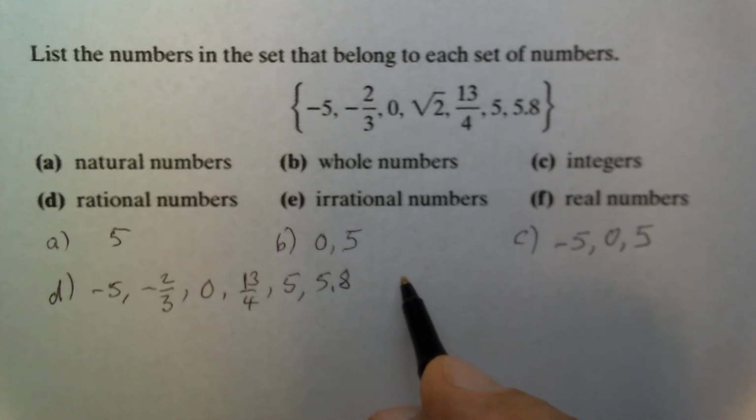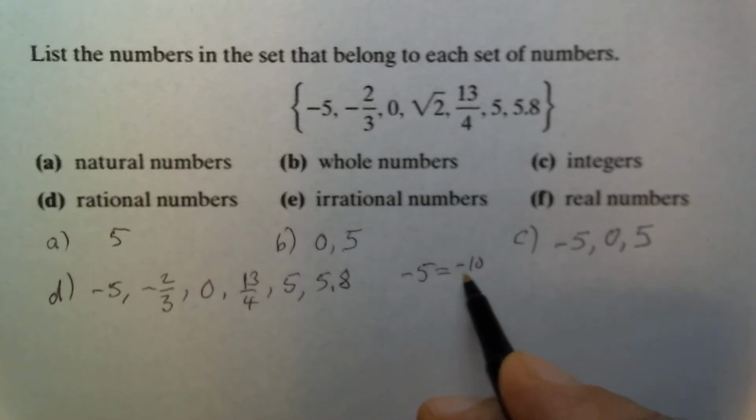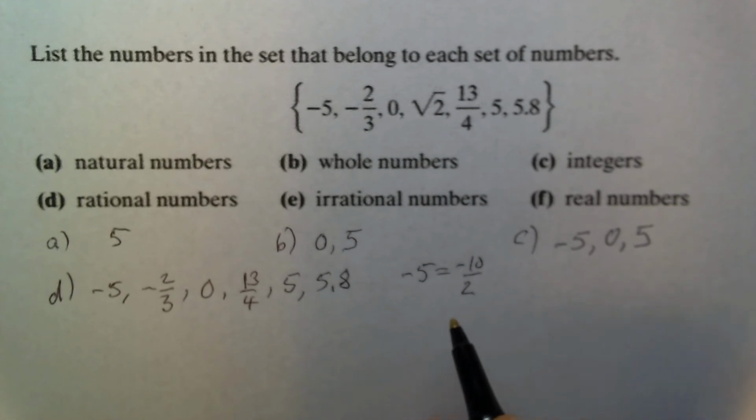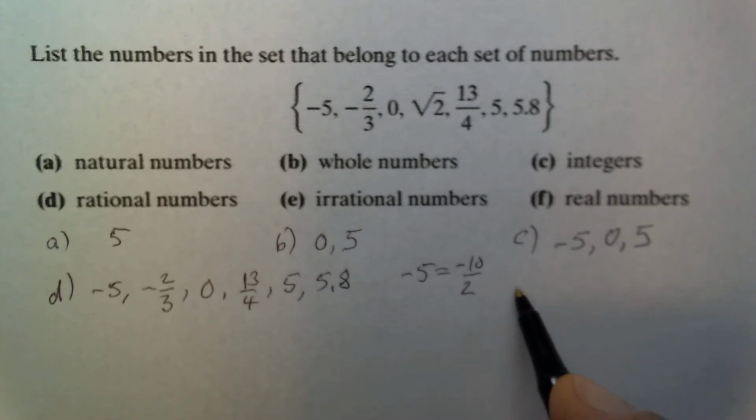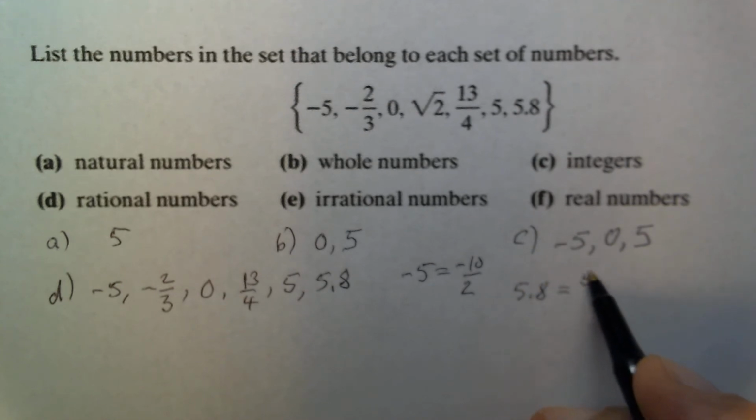For example, -5 we can write as -10 divided by 2. They're equivalent statements. And 5.8 we can write as 58 divided by 10, etc.